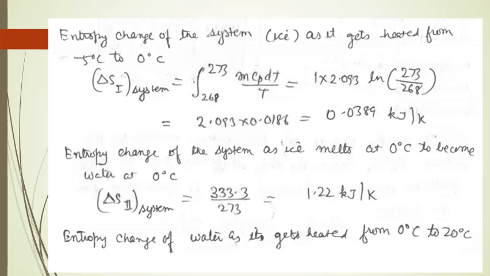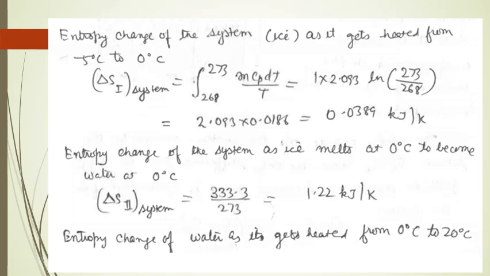That gives us 1 into 2.093 into natural log of 273 upon 268, and that basically gives us the value 0.0389 kilojoule per Kelvin.